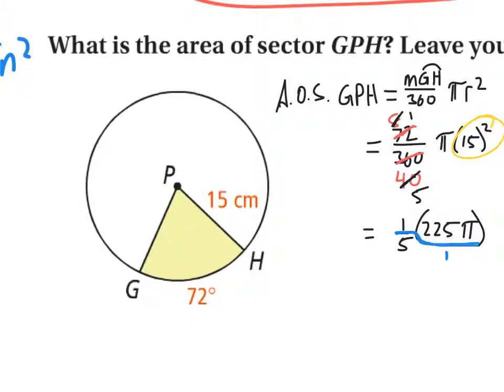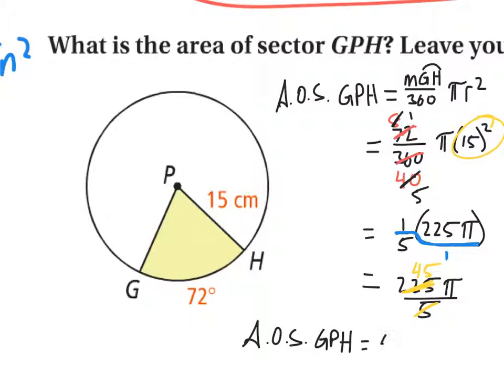Okay, so I have 225 pi over 5. And wouldn't you know it, the 5 goes into 225 how many times? 45 times. And so the area of sector GPH is 45 pi square centimeters.